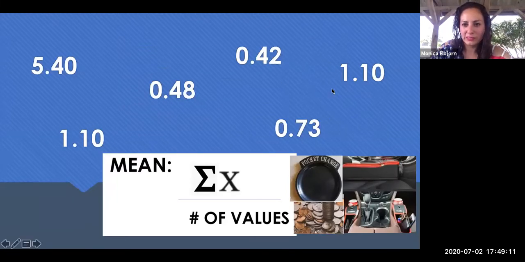Let's do a quick example. What about the change in your car? One day you had 48 cents, the other day 42 cents, 73 cents, $1.10, $1.10, and $5.40. Can someone get me the mean for my 6 days?